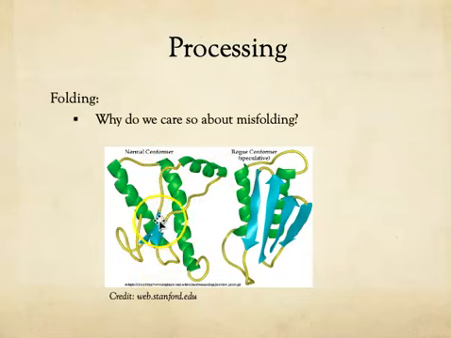The area over here in blue is where there are beta pleated sheets. And then you can see these yellow sort of strings connecting the helices and the sheets. Those are just strands of amino acids that don't get folded. They don't attach to other areas. So this is what this protein should look like in its folded shape.